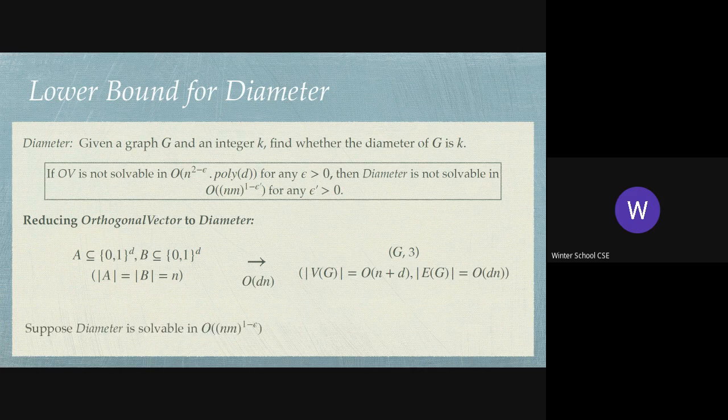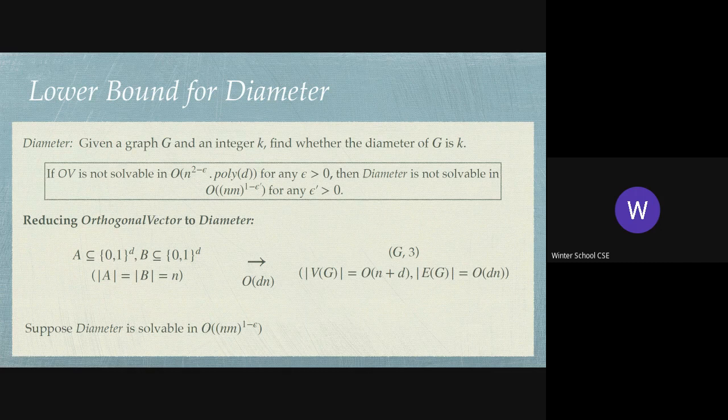Before seeing the reduction, suppose that there exists such a reduction and see why what we have written is true. Here we'll prove the contrapositive: if the orthogonal vector hypothesis is true, then you cannot have such a running time for diameter.